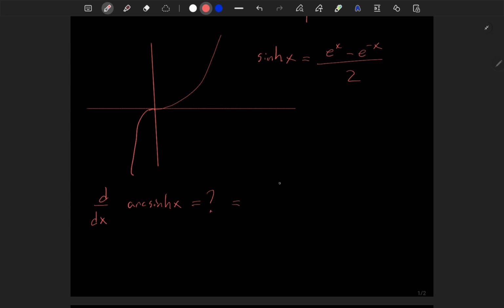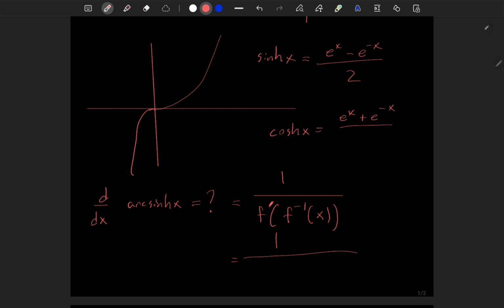Well, as a general rule, remember, the derivative of the inverse function is 1 over the derivative of the function itself evaluated on the inverse function. So we want to find 1 over the derivative of sinh. That is cosh of x, which is very easy to show. So we have cosh acting on inverse sinh of x.